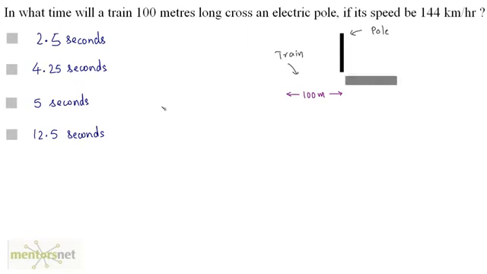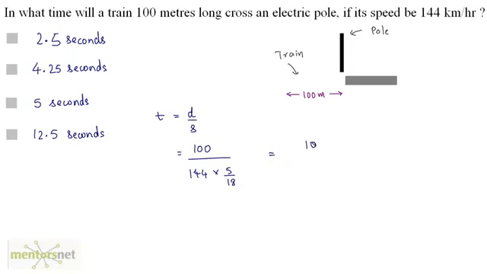So what we want is time, right? So t is equal to distance upon speed. The distance is given as 100 meters, so 100 divided by the speed. Now the speed is 144 kilometers per hour, but we need it in meters per second because we need time in seconds. So 144 times 5 by 18 meters per second, right?